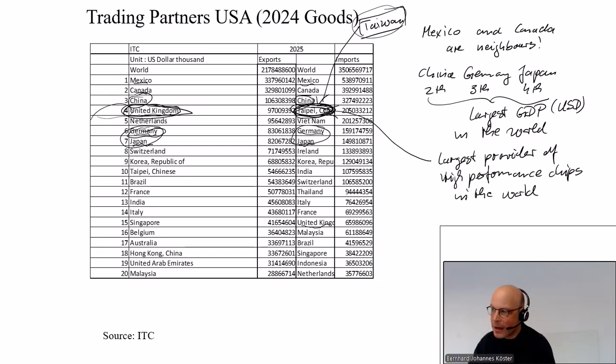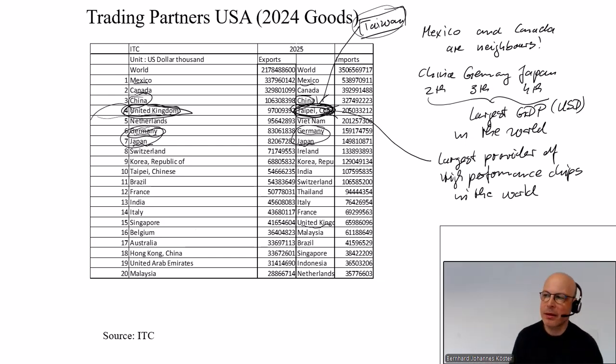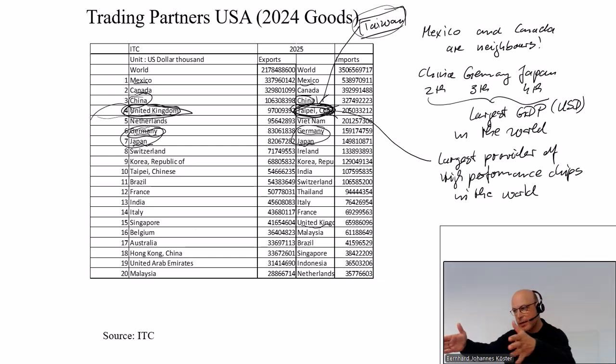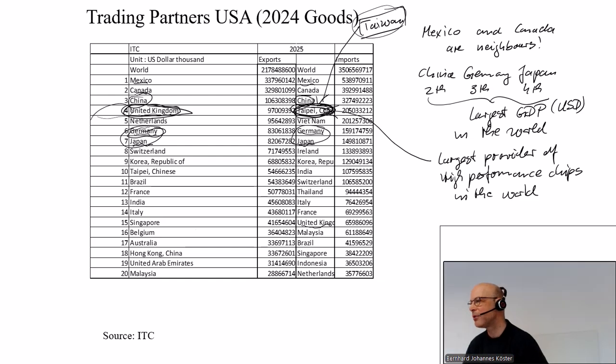So there we can somehow say qualitatively the United Kingdom and the United States are moving a bit closer together because of the cultural background. It is easier to trade with each other. Well, let's go to number 5.